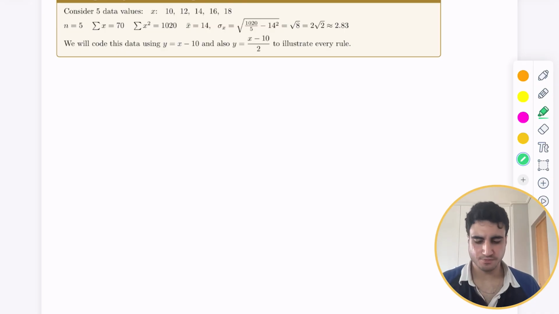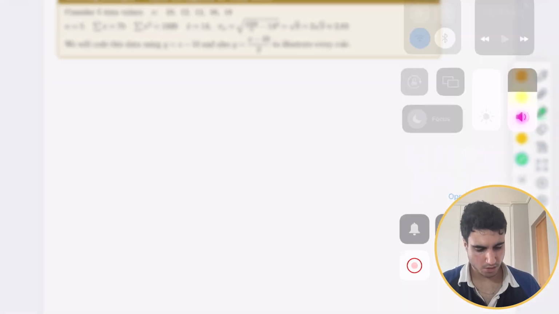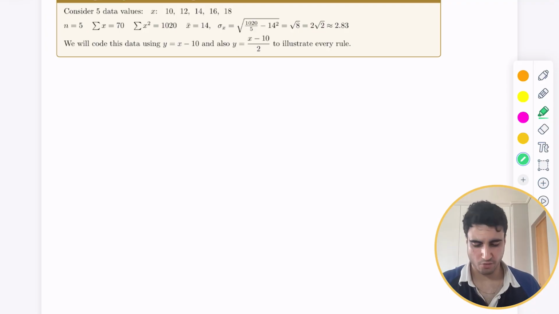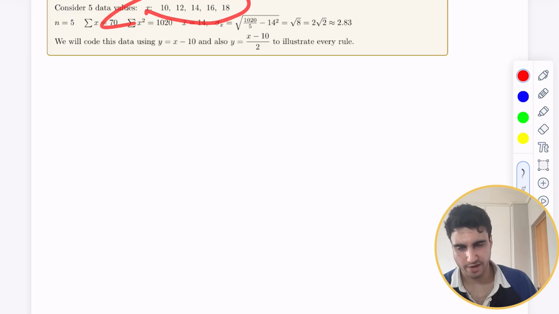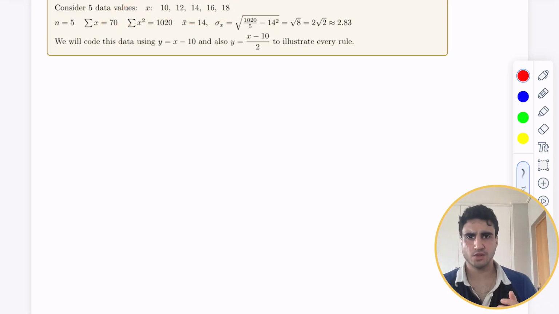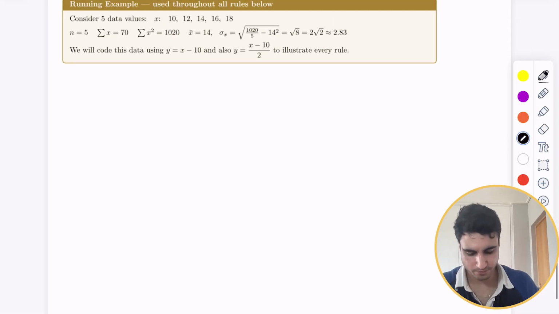Alright, so now we are going through an example. Same running example with our data values. Now, what are we trying to illustrate here? Well, rule 3.